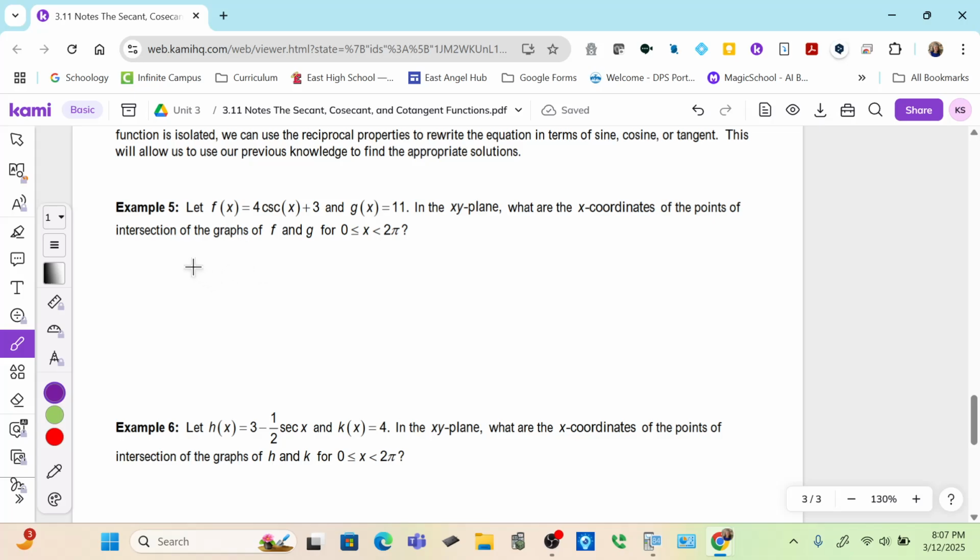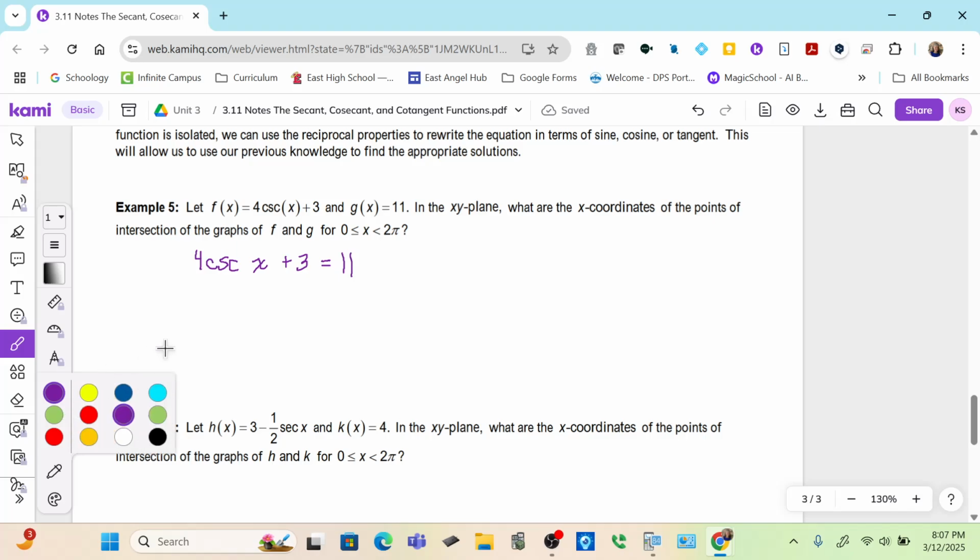At a point of intersection, they must be equal to each other. So I'm going to set 4 cosecant of x plus 3 equal to 11. Well, we want to isolate the cosecant.